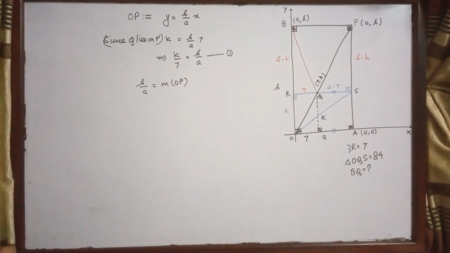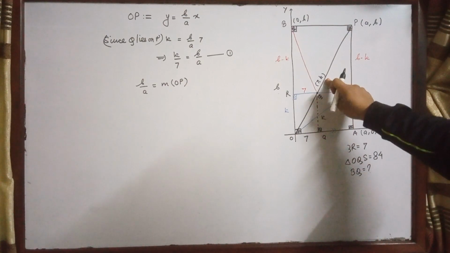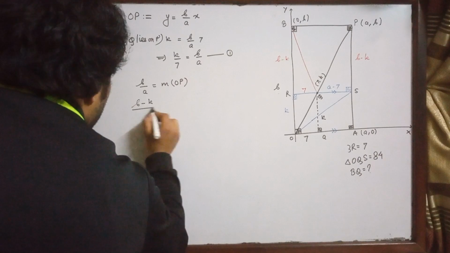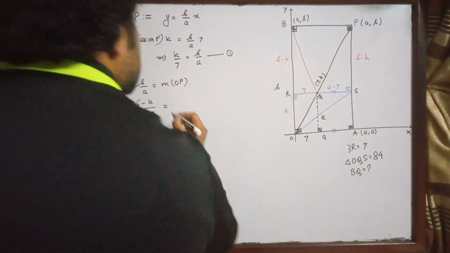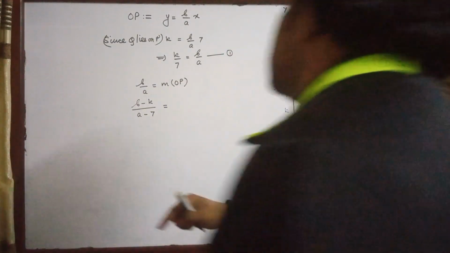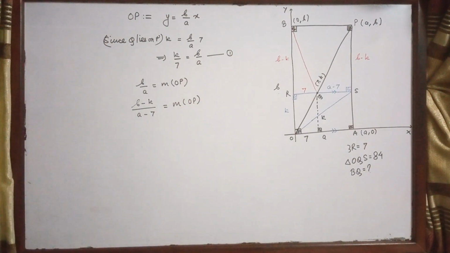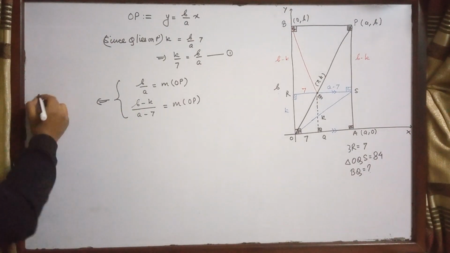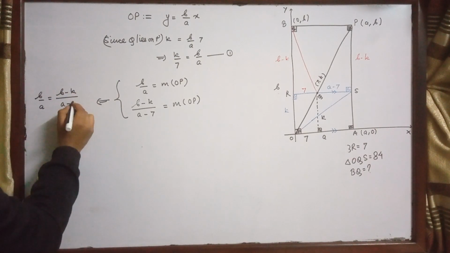Next, B minus K over A minus 7 is again the slope of OP, being y2 minus y1 over x2 minus x1. So B over A equals B minus K over A minus 7.